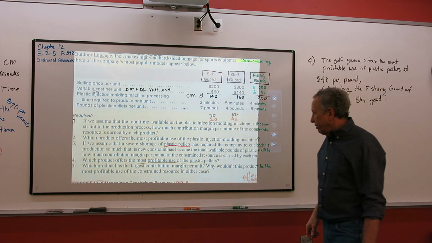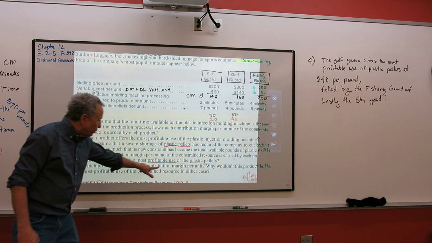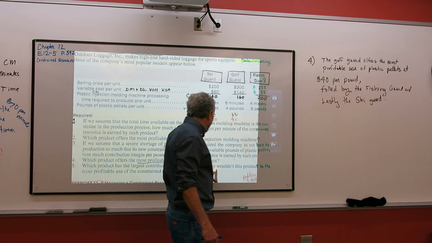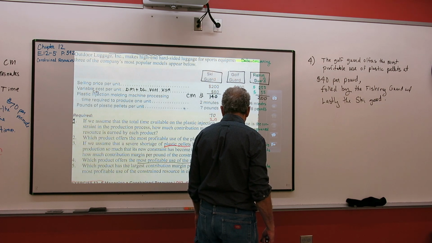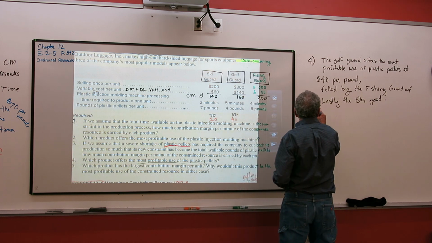All right, 5. It does ask us which product has the largest contribution margin per unit and why. Or hold it, which one has one? Let's answer that. 5.